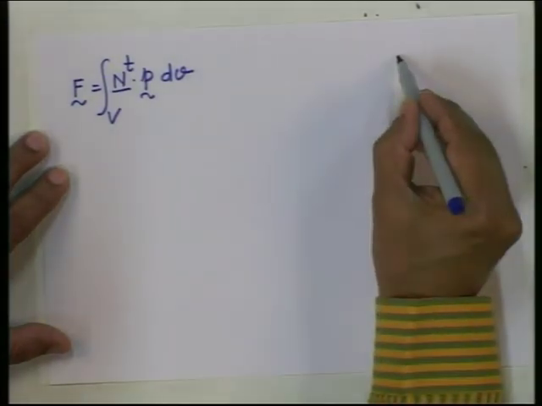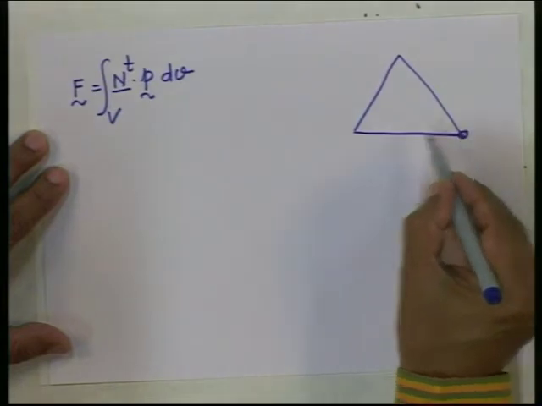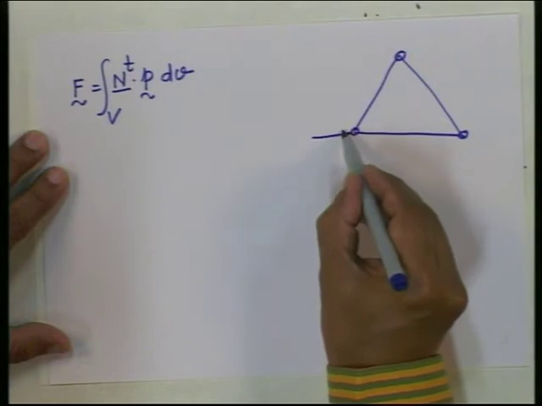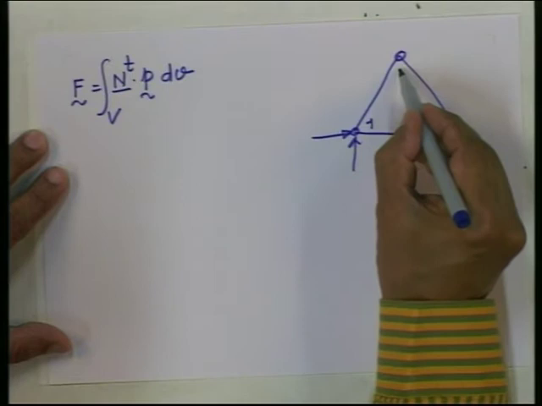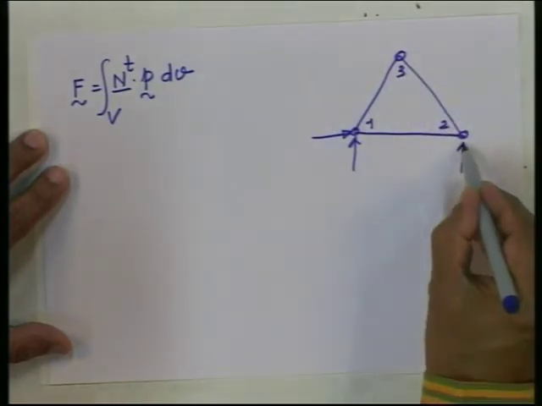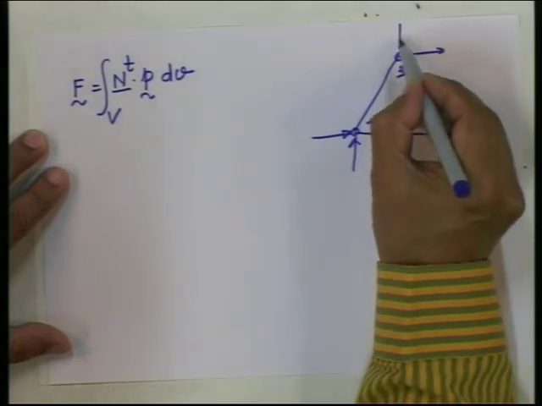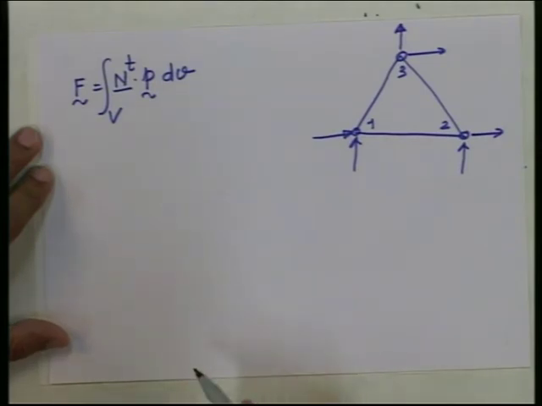What is the meaning of this? This is the triangle, 3 nodes. At every node, 1, 2, 3, corresponding to each displacement, you also have forces F.